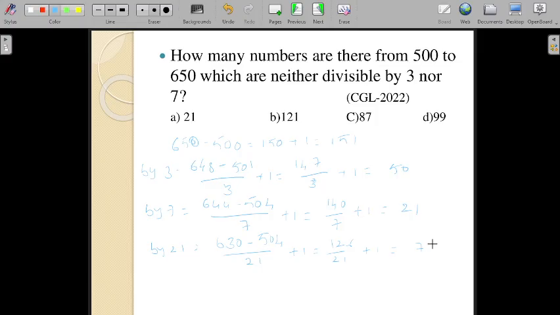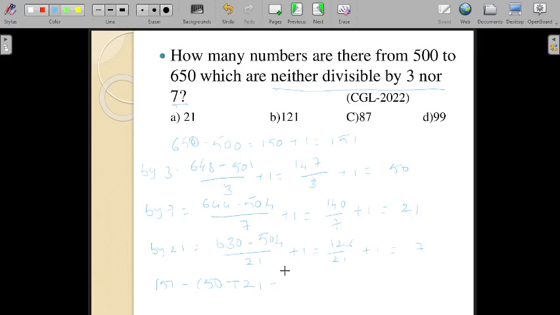So finally, since he is asking neither divisible by 3 nor by 7, we need to say how many numbers we have. 151 minus how many numbers by 3? 50. How many numbers by 7? 21.